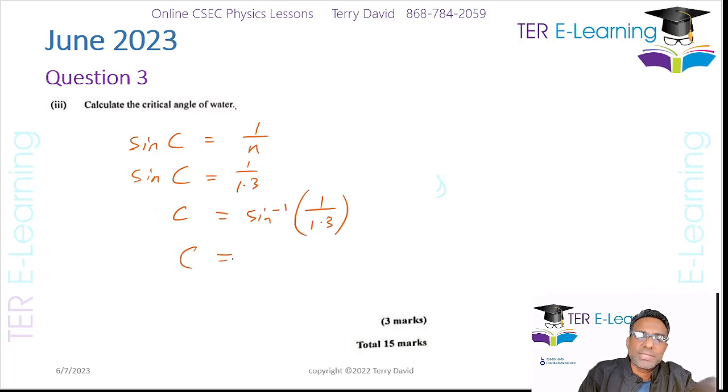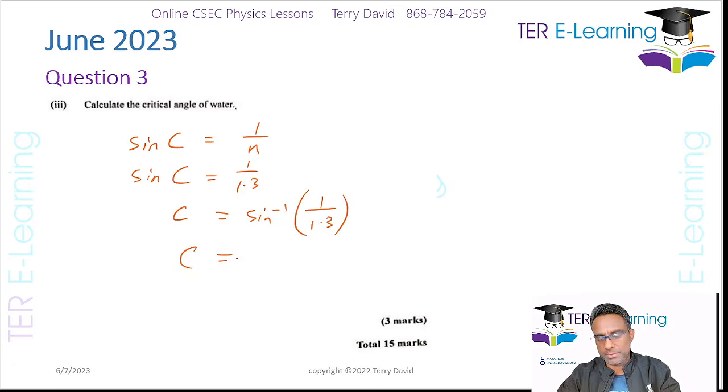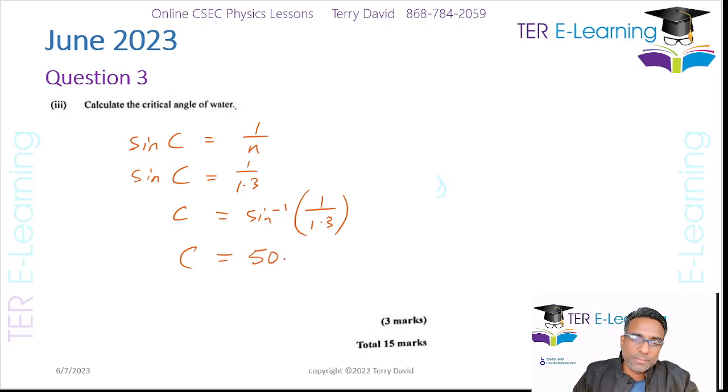So therefore C is equal to, and again, about 50.3 degrees. Right? So that's my critical angle there for water. Alright, so that is the third question.